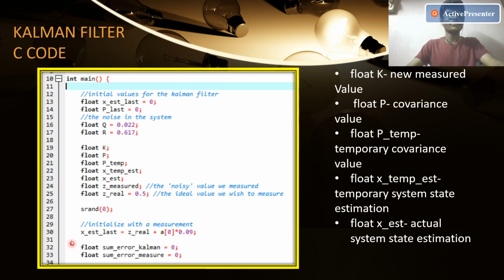Before that, we are taking the srand1 array, which is initially declared as 0, and this is the initial measurement of the sensor reading, which is the system state estimation equal to the real values of the sensor into 0.09. This is the Kalman constant. And then we have some Kalman constants like some error Kalman and some error measure. These are initially declared as 0.